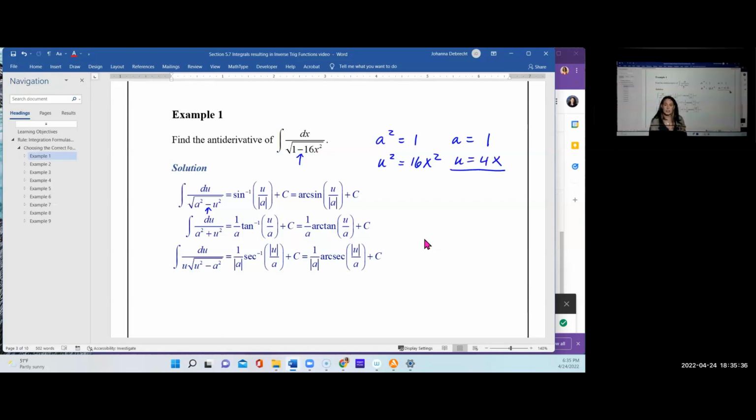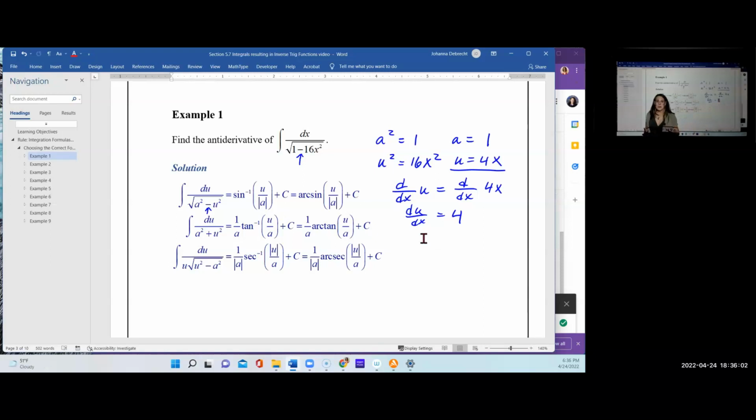Now we take this expression for u and we apply the derivative with respect to x to both sides. That gives us the derivative with respect to x of u equal to the derivative with respect to x of 4x. That gives us du dx, which is equal to 4. Then we abuse the notation as we learned to do previously, and we swing the dx around to the other side.